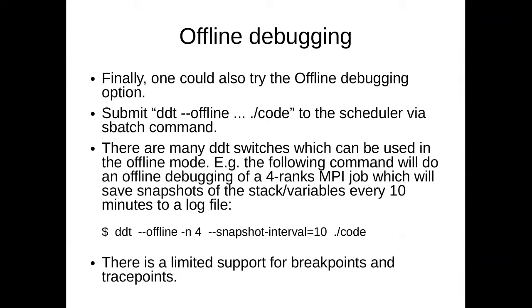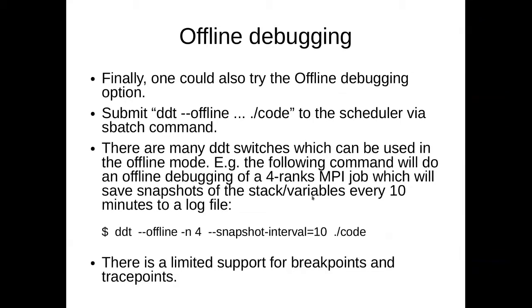Offline means it's non-interactive. You submit as batch jobs, non-interactive jobs. Of course, it is much more limited. When you debug, you really want interactivity. You want to be able to click through different lines of the code, to step through them, to look at different variables at different moments of time. But as a last resort, you can try this as well, if nothing else works.